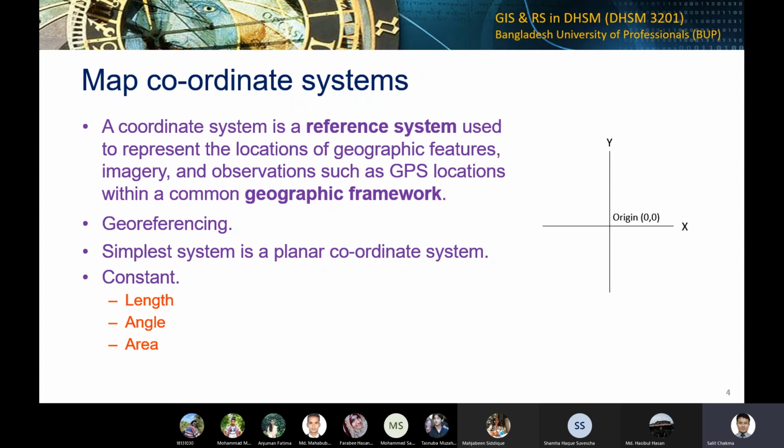Okay, so let's begin. Last week we didn't really talk about coordinate systems. Rather, we had a demonstration of how the coordinate system is important in GIS. Also, I would like to read one article published in Prothom Alo yesterday.